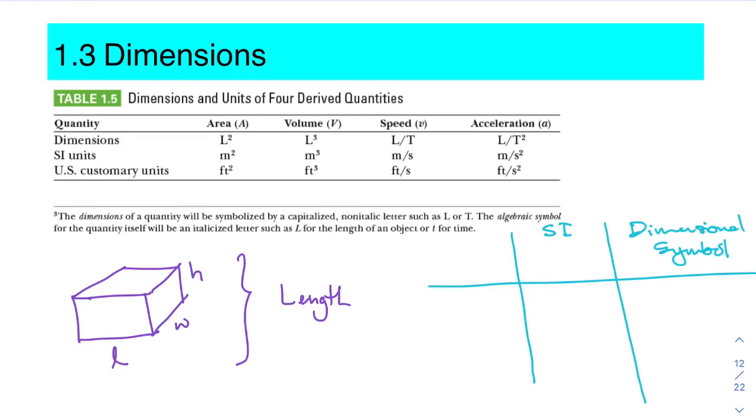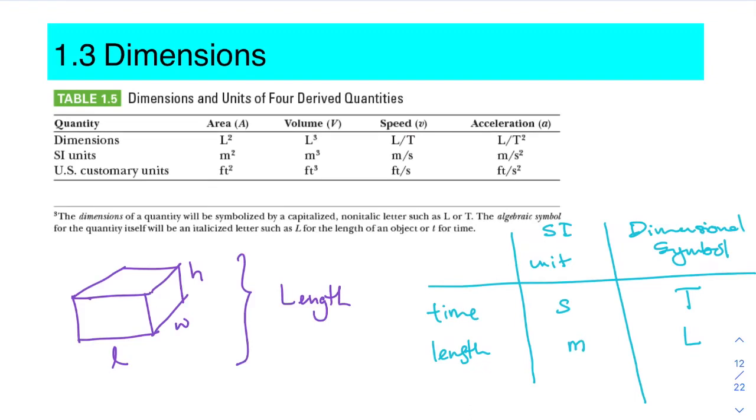For the SI units, let's say this is for time. The physical quantity is time, the SI unit is second, and the dimensional symbol is capital T, standing for time. For length, the SI unit is meter, and the dimensional symbol is capital L, standing for length.